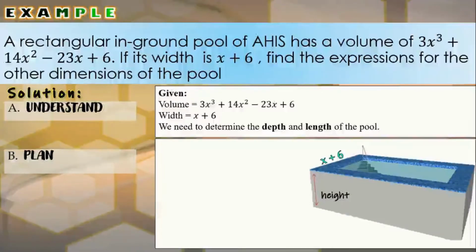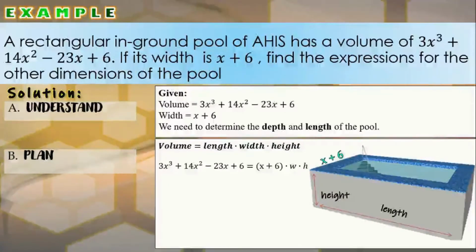So, we have to determine the height and the length of the pool. So, our formula, volume is equal to length times width times height. So, we have to substitute 3x cubed plus 14x squared minus 23x plus 6 is equal to x plus 6 times the width times height.